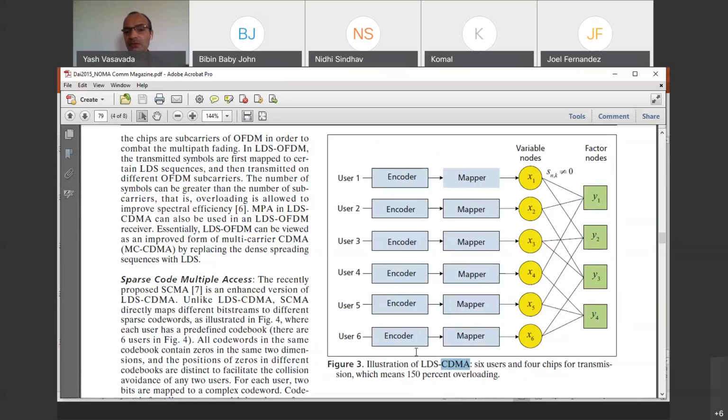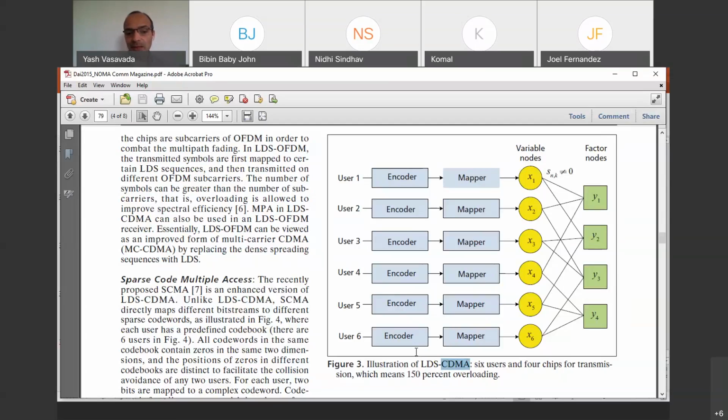Only at a few chips will the user be spreading its symbols. So that is the main idea, and that is why the name low density spreading comes into play. The claim is that now, if I look at a particular chip, it will have interference only from a few users, not all of them.